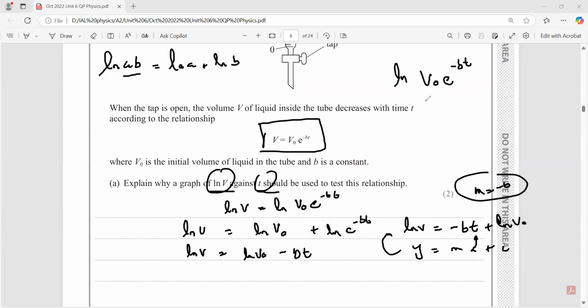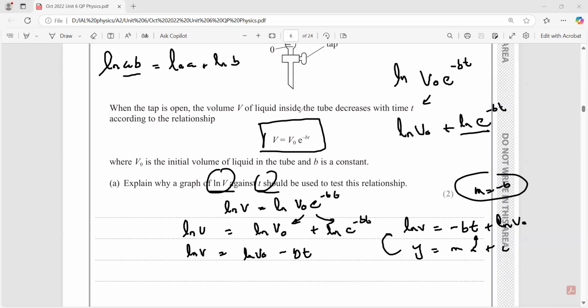That's why we wrote ln V naught and ln e raised to the power minus BT. ln and e will cancel out, so we are left with minus BT. It is a law of ln that when quantities are multiplied, we write them in addition.